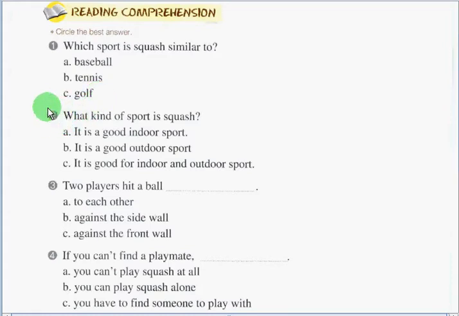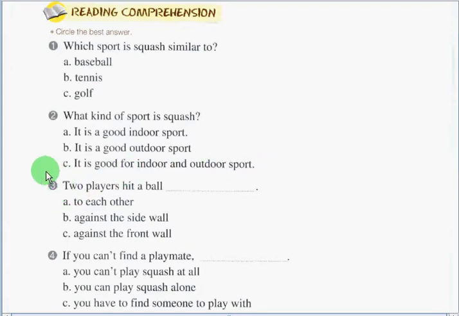Next, number 2. What kind of sport is squash? A. It is a good indoor sport. B. It is a good outdoor sport. C. It is good for indoor and outdoor sport.